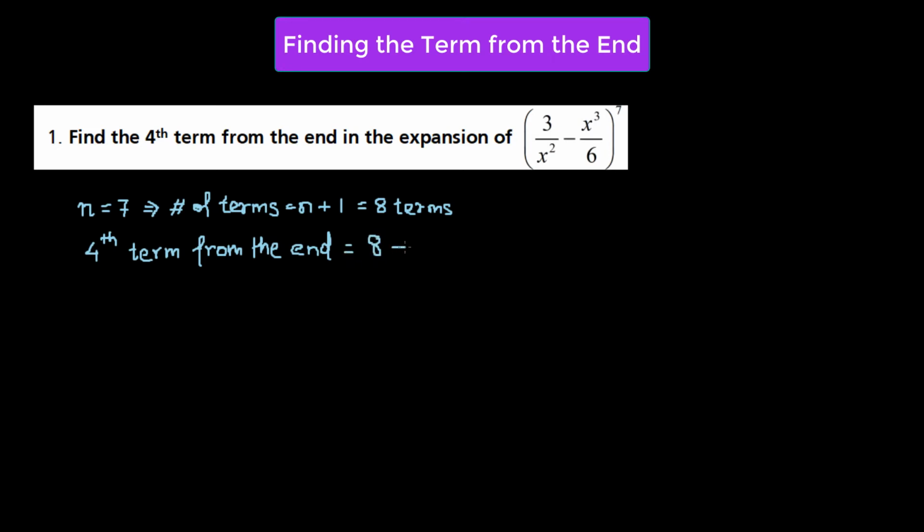Then we subtract the 4 terms from the end, and since we have subtracted 4 terms, we add 1 to it. So that gives us 8 plus 1 is 9, 9 minus 4 is 5. So this is equal to saying the fifth term from the beginning.